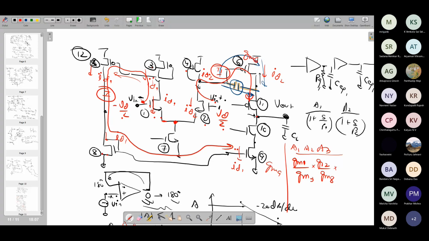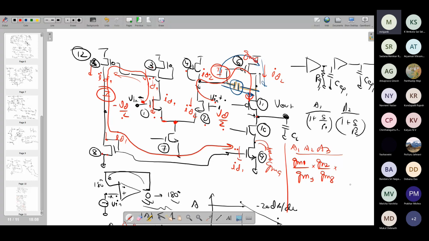What is the gain of this stage? Remember, this is the same cascade stage, so we have discussed this earlier. This is simply input signal. If it is V in, GM V in is a small signal current produced, but then we get some current division also. Part of the current goes into the RO of this downward MOSFET, and then only a part of it goes up. So a 1/2 factor comes into picture.